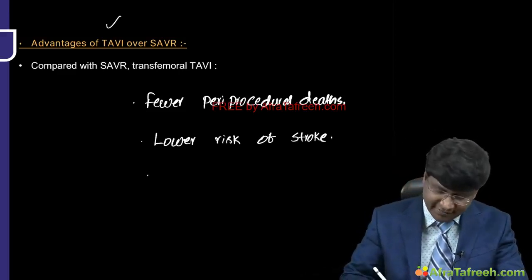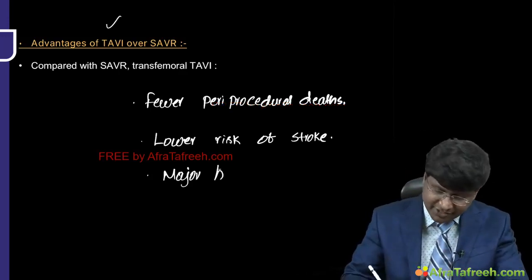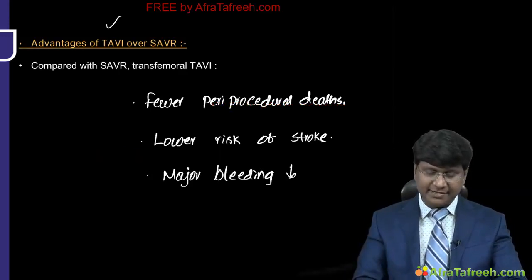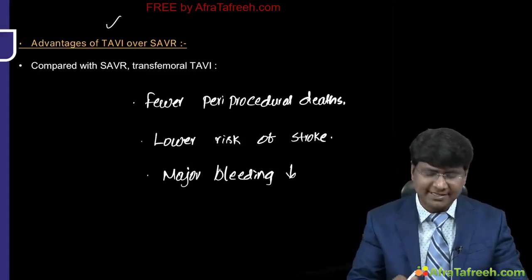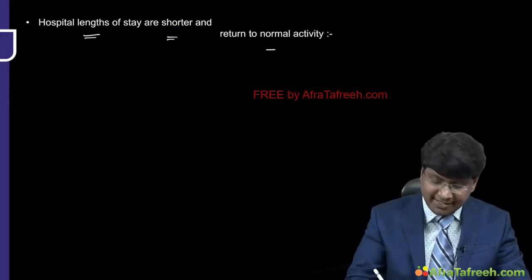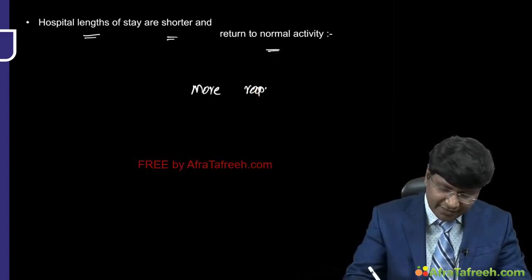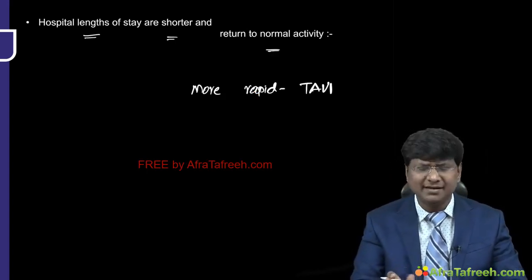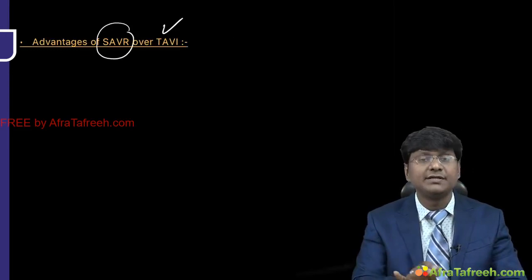And these patients with TAVI also have a lower risk of major bleeding. So these are the advantages of TAVI over surgical aortic valve replacement. Not only that, the hospital length of stay is shorter, and return to normal activity is more rapid with transcatheter aortic valve implantation.